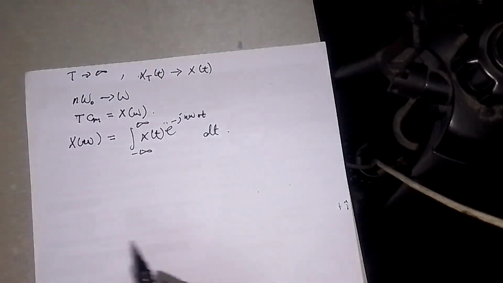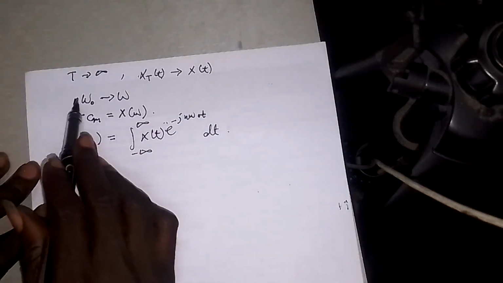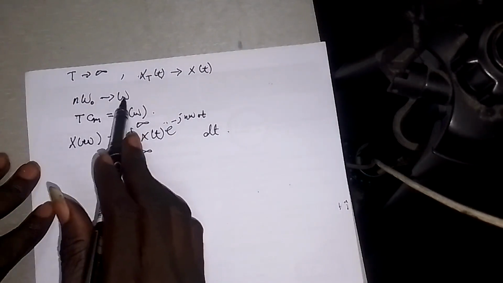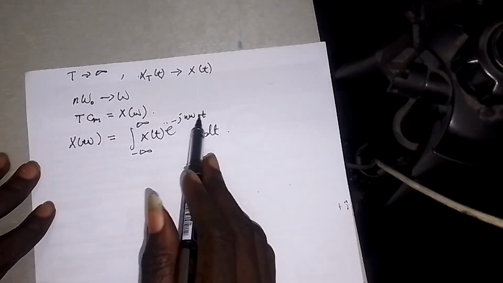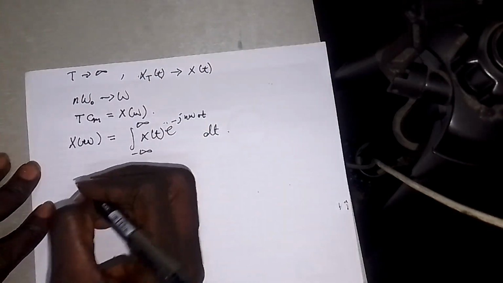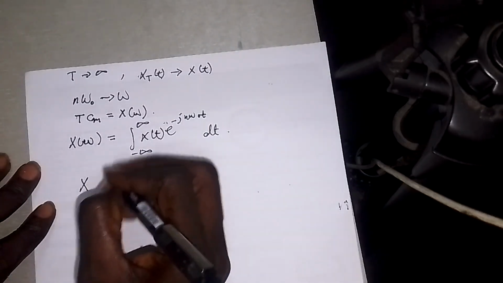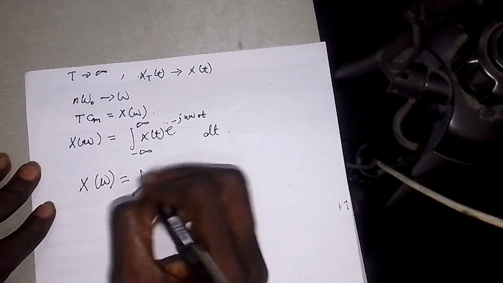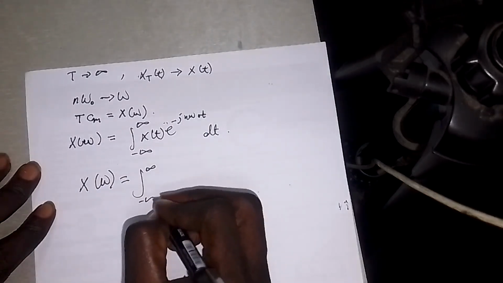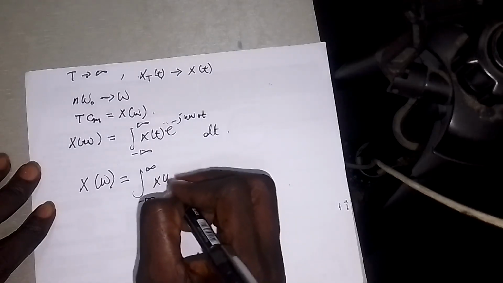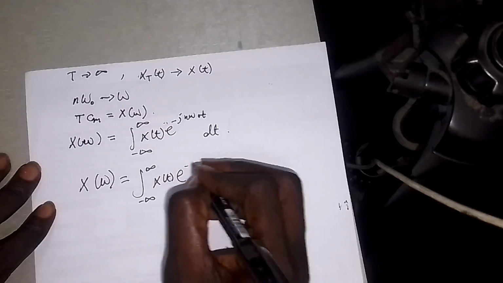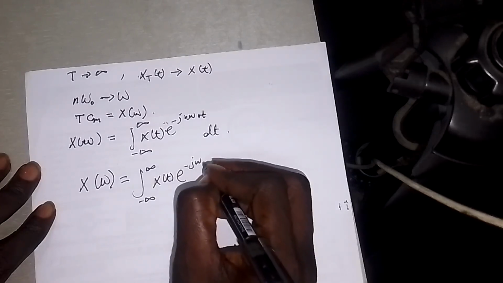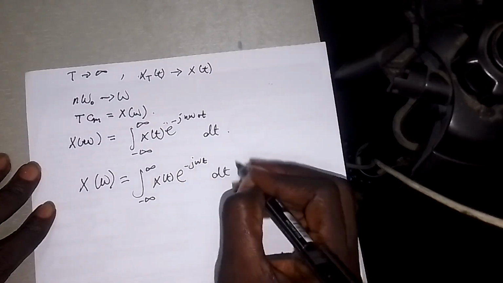But I have also told you that n omega naught is approaching omega. So that means that n omega naught will also become omega. So my X of omega is actually going to be equal to the integral from minus infinity to infinity of x of t into e to the minus j omega t dt.